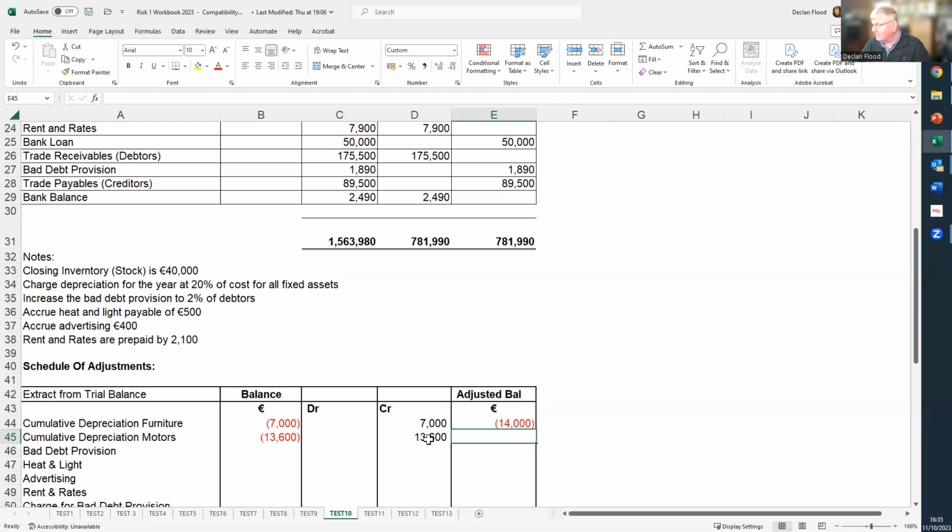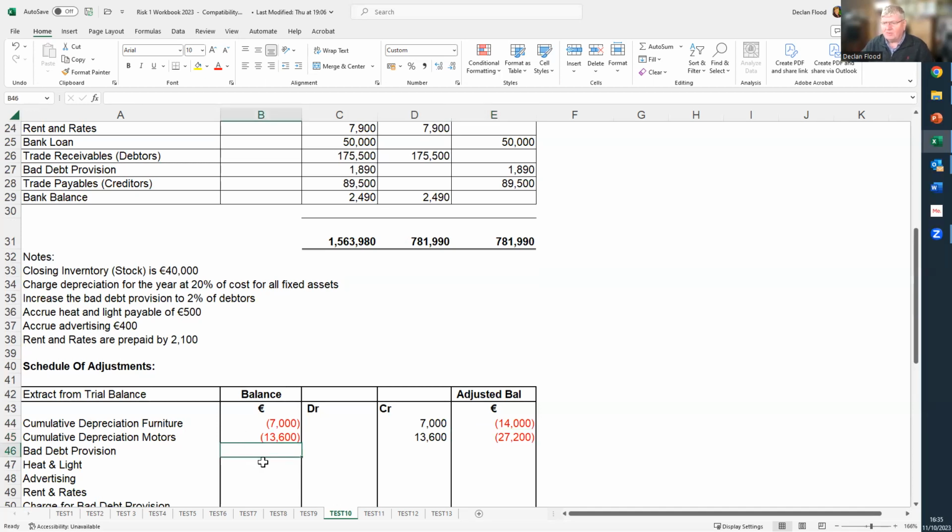And that now gives me 27,200. Sorry, it's a minus. So I have to say there's the value of my motors less the depreciation. So that's how much they're worth this year.